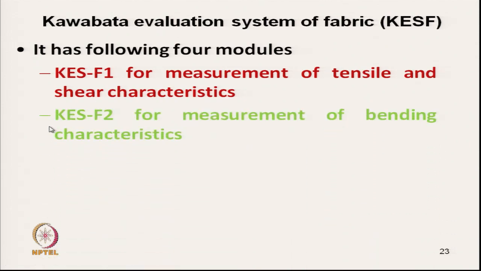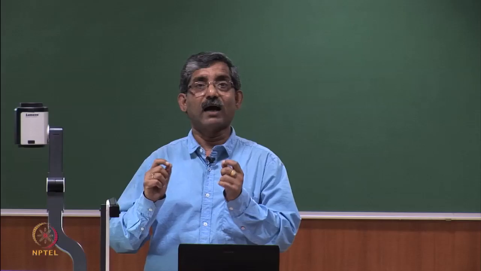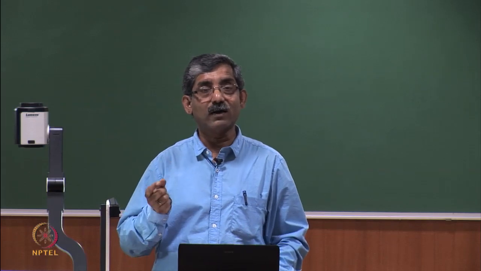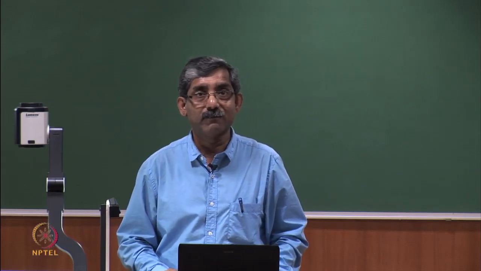KESF 2 is used for measurement of bending characteristics, where the bending is not at a very high level, it is at a low stress, at a lower extent of bending.